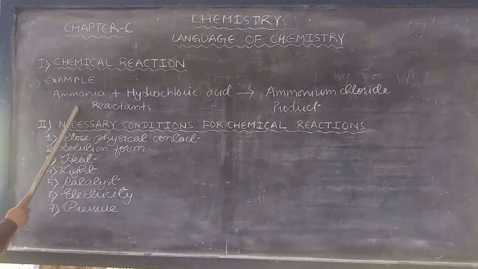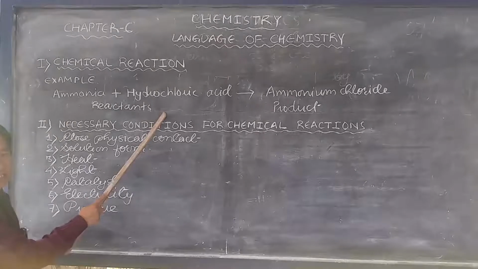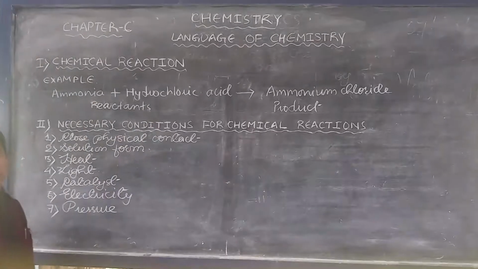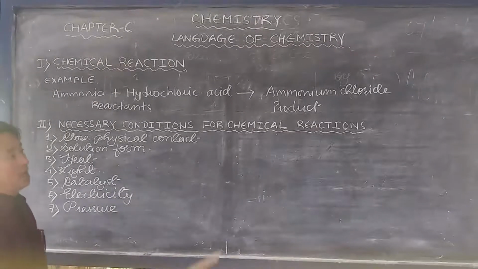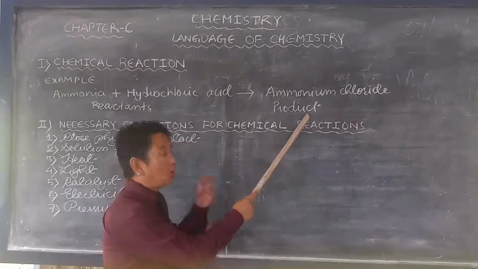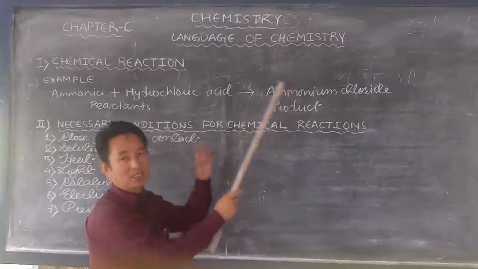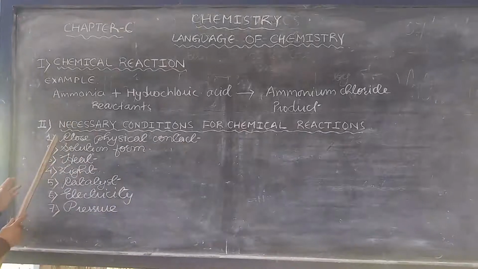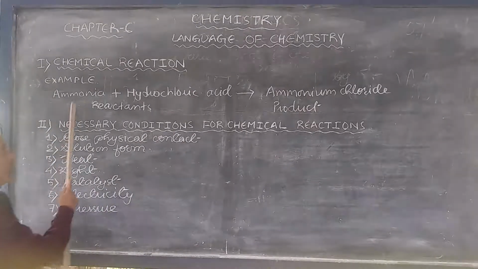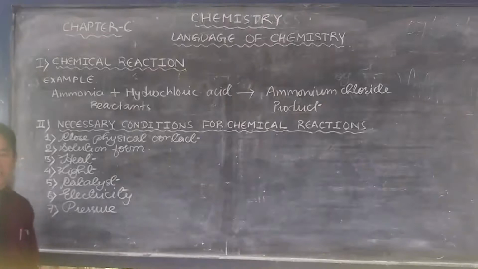Here, ammonia and hydrochloric acid are the reactants, and ammonium chloride is the product which is formed as a result of the chemical reaction between ammonia and hydrochloric acid.